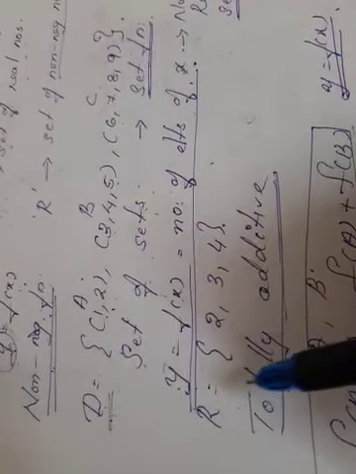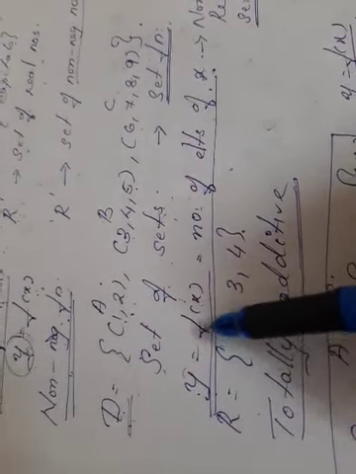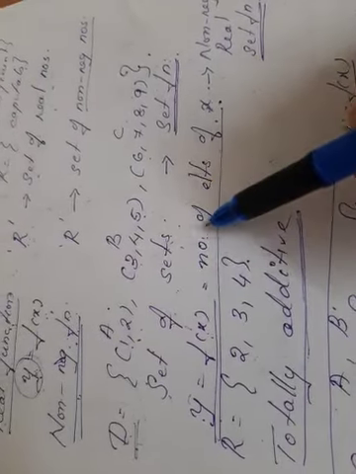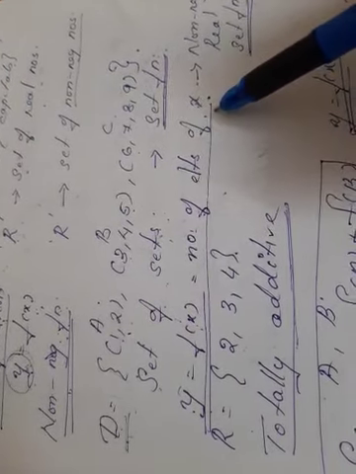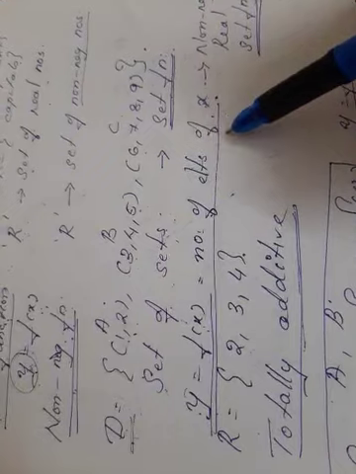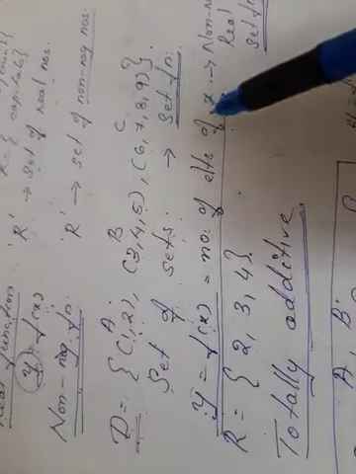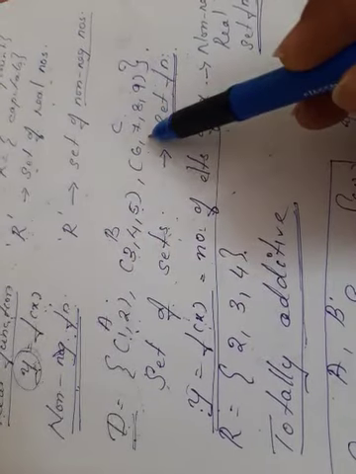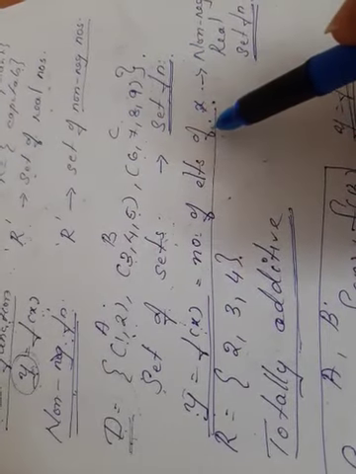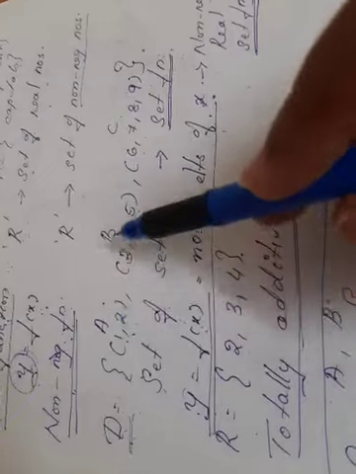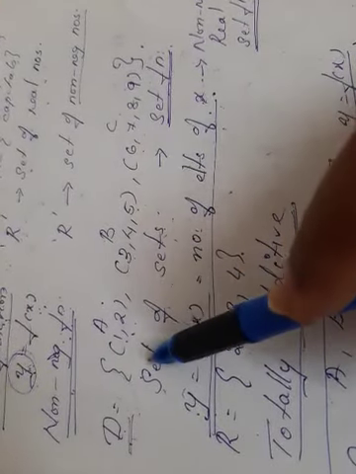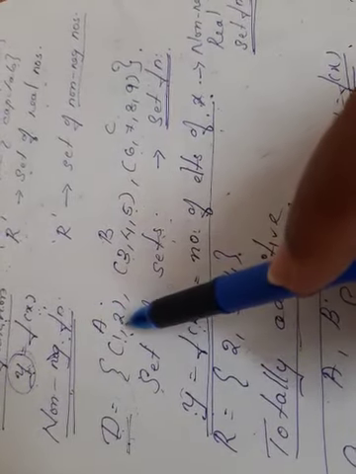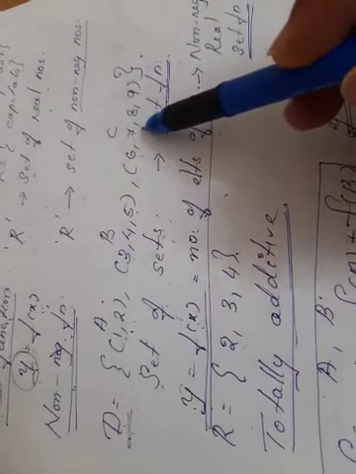Consider this function y equal to f(x), where f(x) is defined as the number of elements of x. Clearly, x is defined on D, that is, x can either be the set A or the set B or the set C. So, depending upon whether x is A, B or C, the values of y will be either 2 or 3 or 4.